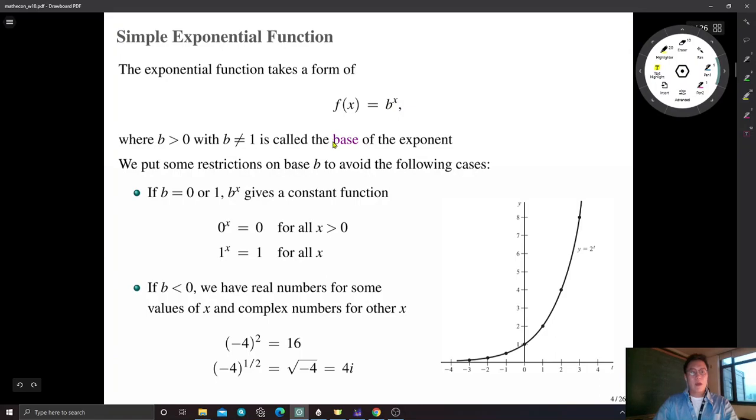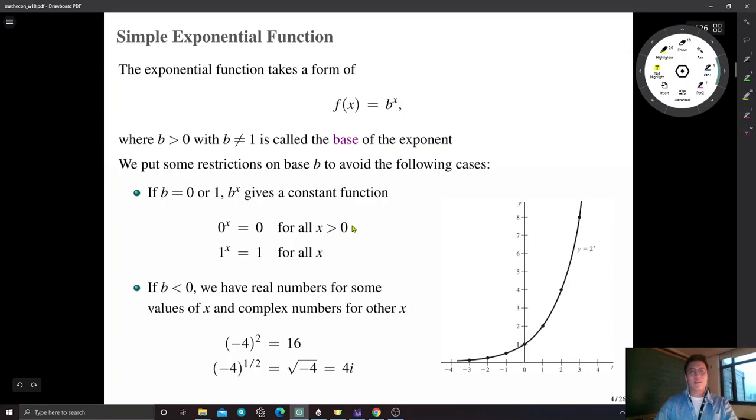All right? And then we're going to put some restrictions on the base. The base is going to be a positive number other than 1. And the reason is we want to avoid some unpleasant cases. If b is equal to 0 or 1, the exponential function boils down to a constant. When the base is equal to 0, 0 to the x is always equal to 0 for every positive value of x.